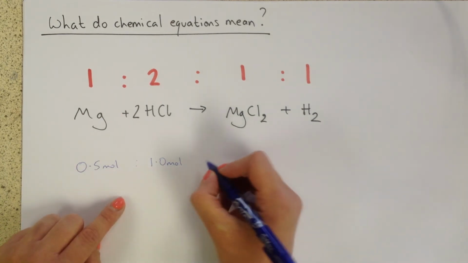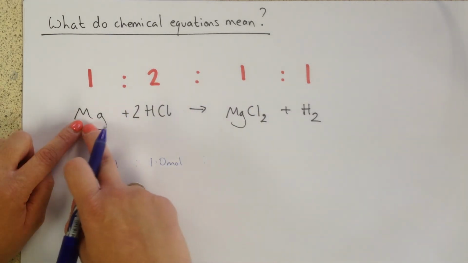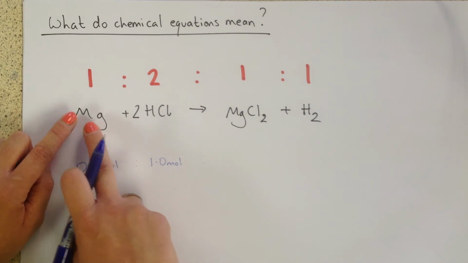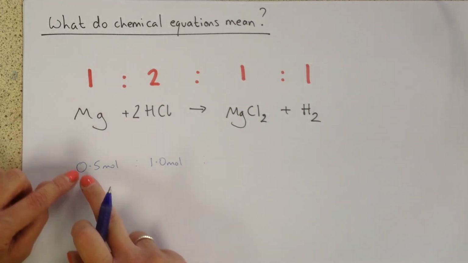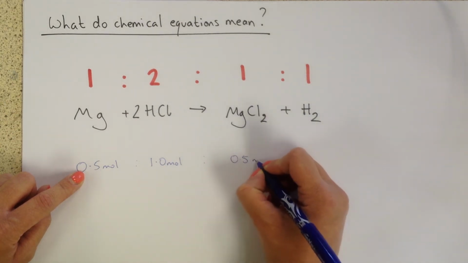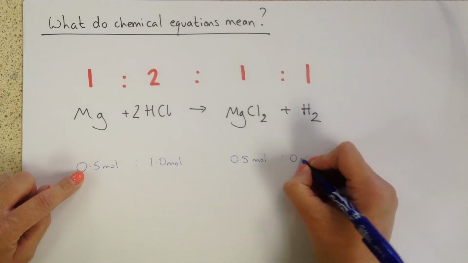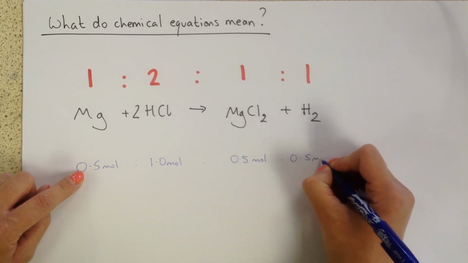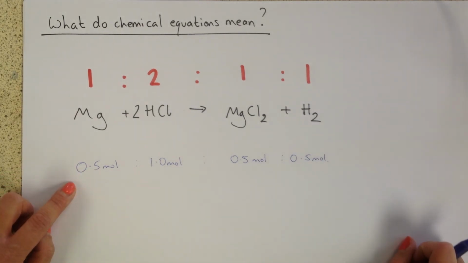If I look at the products to work out how much is produced, keep it all in relation to the Mg. So the ratio of Mg to MgCl2 is 1:1. If I started off with half, I'm going to get half a mole of MgCl2. I'm also going to get half a mole of H2. These are still quite nice, easy numbers.